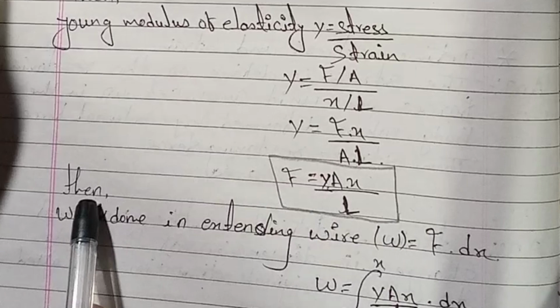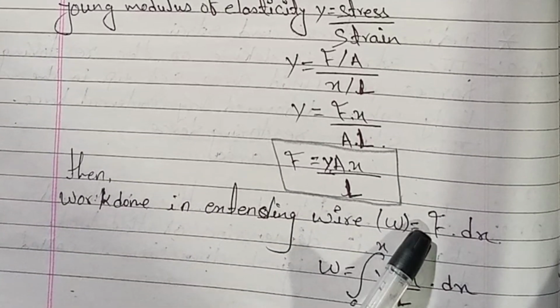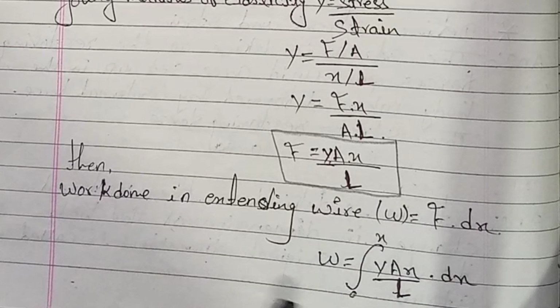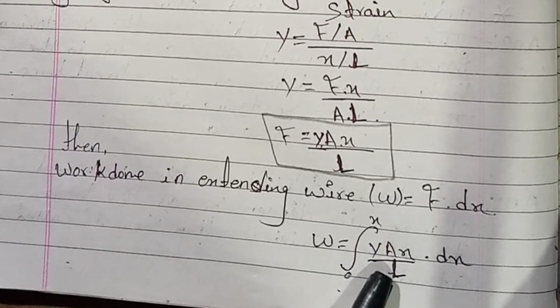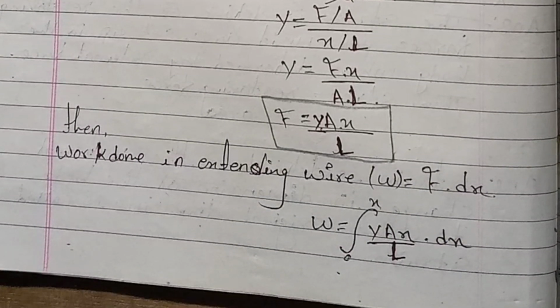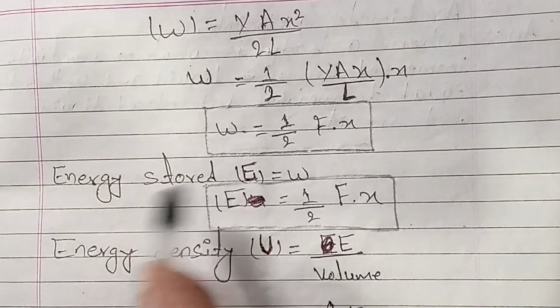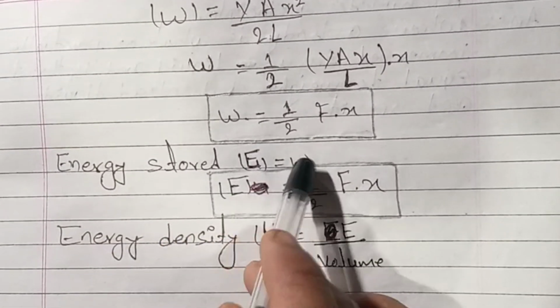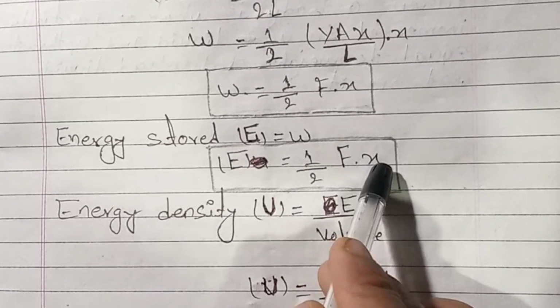Next formula, work done in extending the wire, W is equal to integral of F dx. So W is equal to integral of Y A x per L into dx. Calculate this formula. Next, energy stored E is equal to W, and W is equal to 1 by 2 F into x.